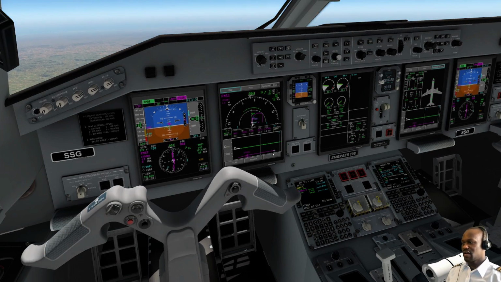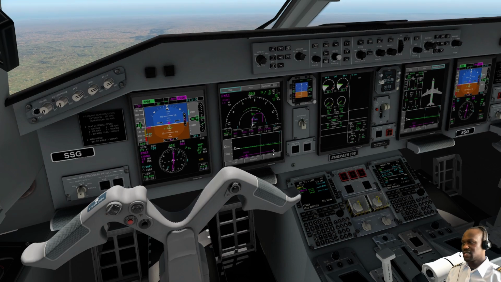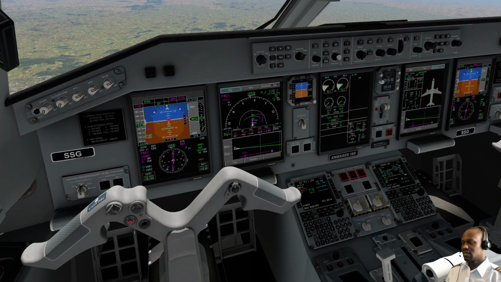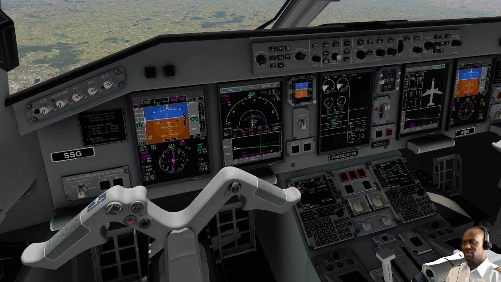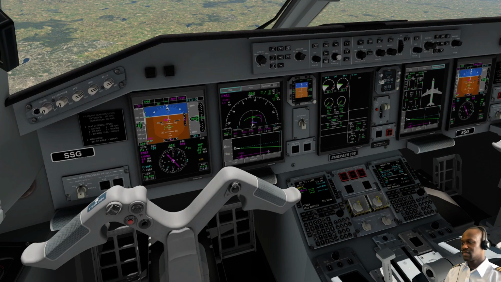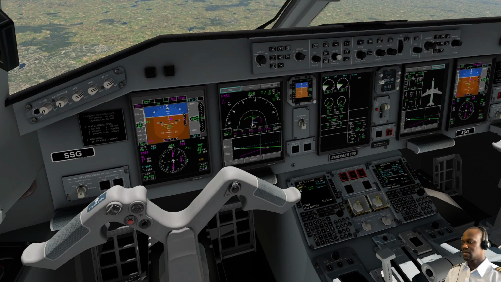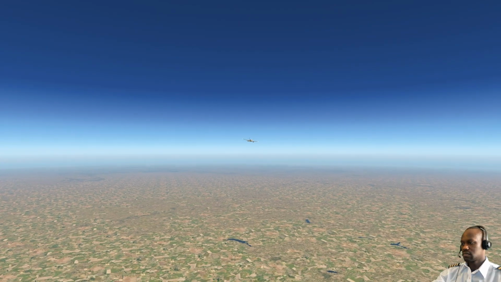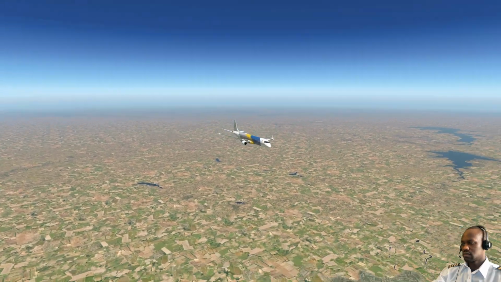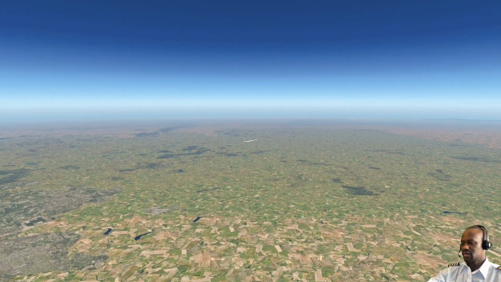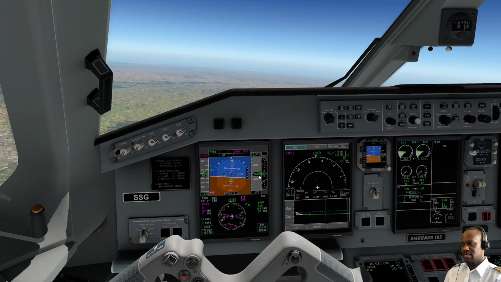We have a stick shaker and the autopilot has disengaged. The autopilot has disengaged because of the stick shaker. Aircraft on a free fall, no one is watching it. We are descending below flight level 310 because the autopilot disengaged.